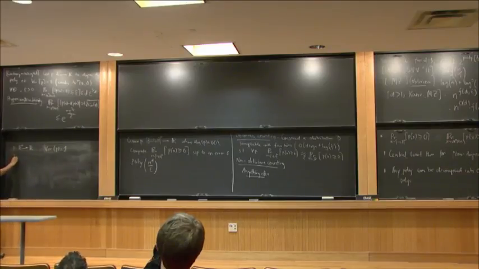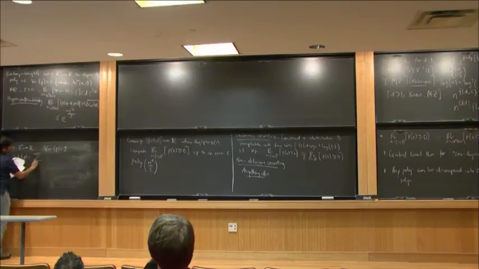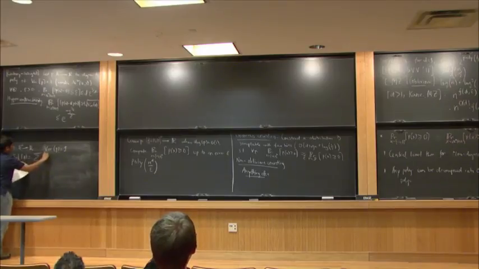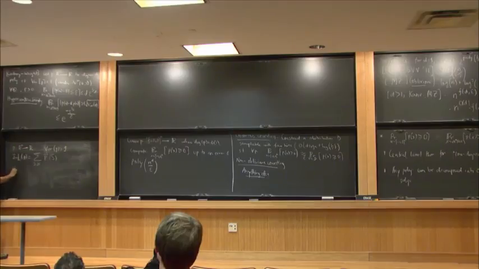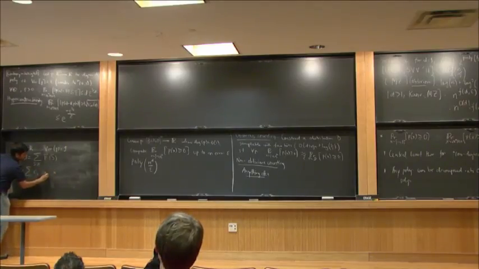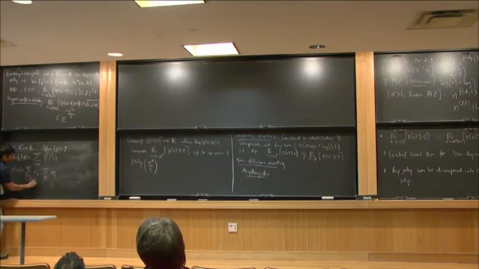Then the influence of the ith variable in p is the sum of p hat of S squared over S containing i.